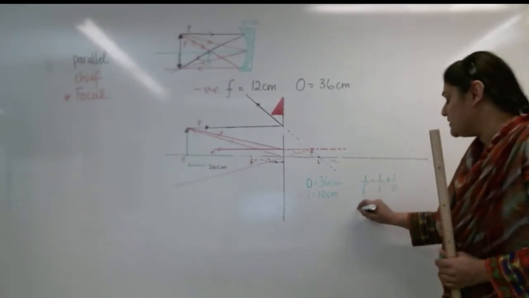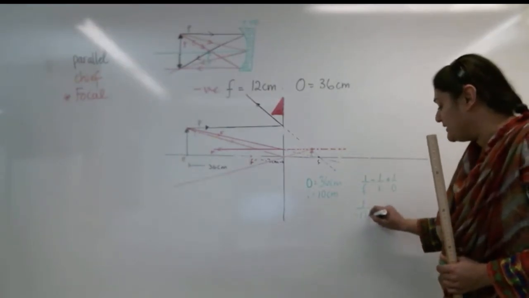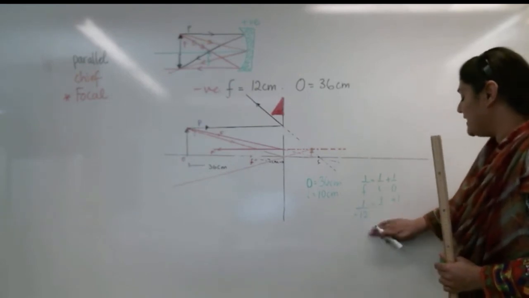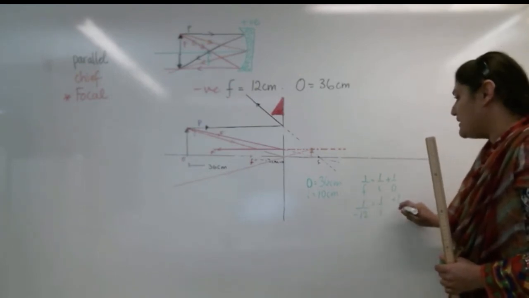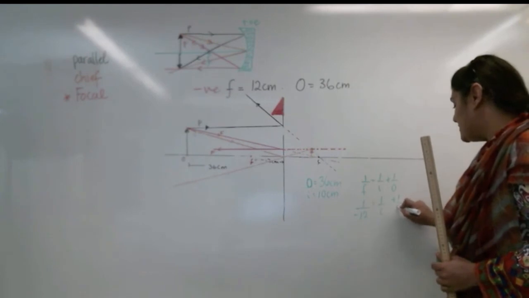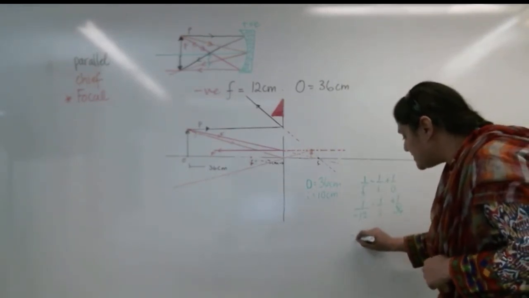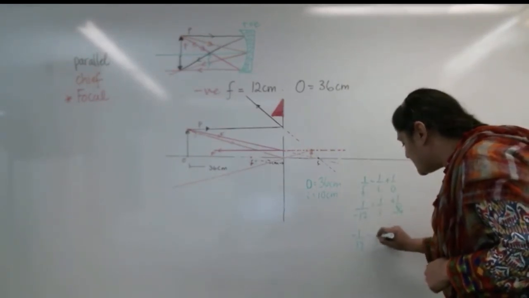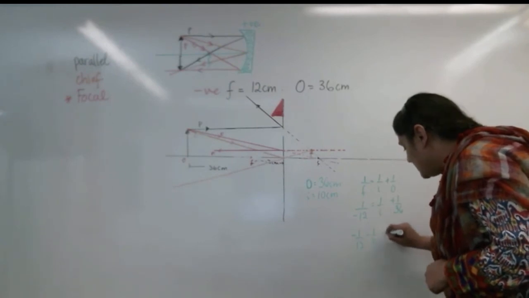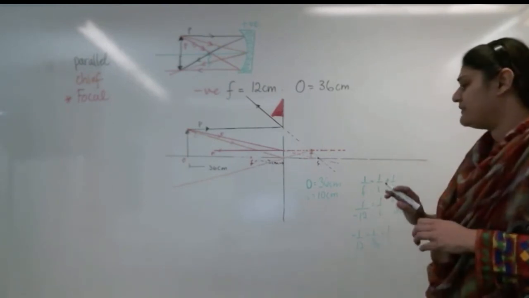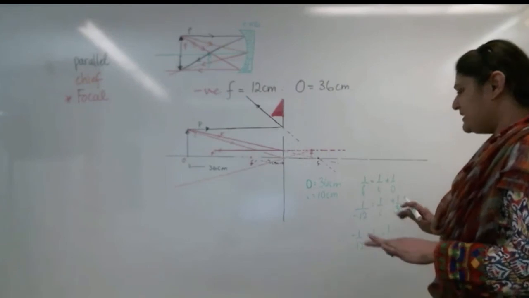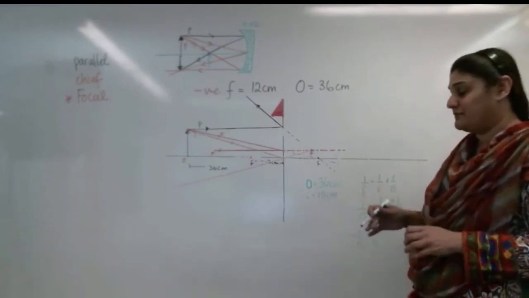In this case, your focal length was -12. Your image is I, because that's what you're looking for, and your object is at 36. So this is going to be 1 over -12 minus 1 over 36 equals 1 over I, and I think it will come out to be about 10 centimeters, give or take a few.